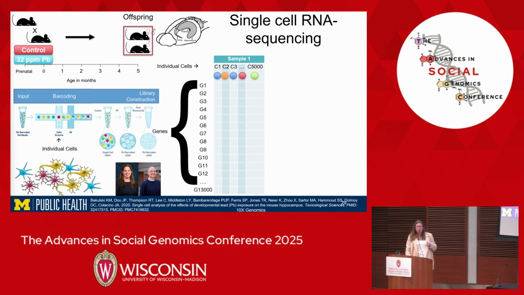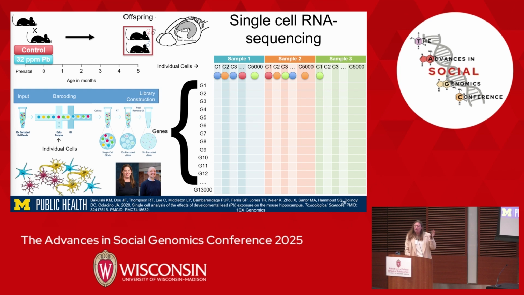And our data structure is a little bit different. We may be used to having a data set where each column is a sample, and each row is a gene. But here now we have, for one sample, we might have up to 5,000 columns, because each cell gets its own column. And then we've got multiple samples. Okay, so the data structure is a little bit different than a bulk tissue experiment.